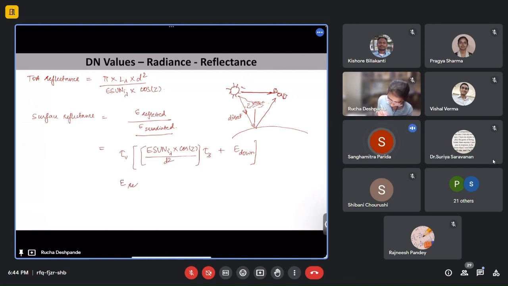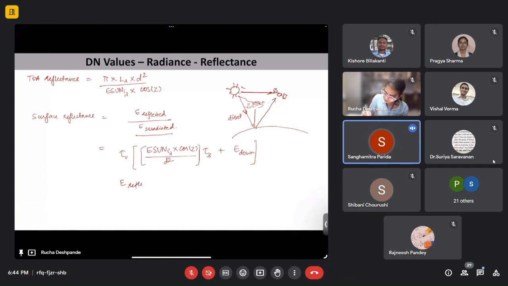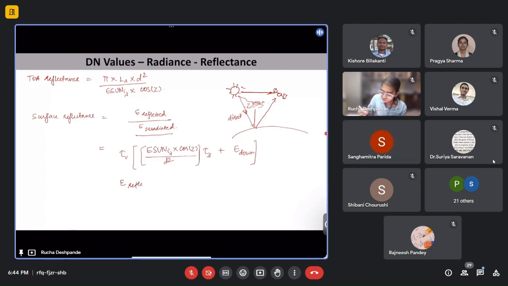This transmissivity differs for different paths, so we need to take care of the transmissivity for both the paths here.